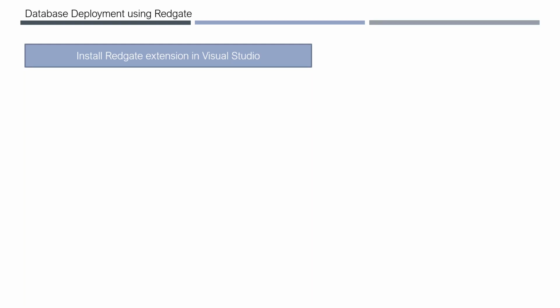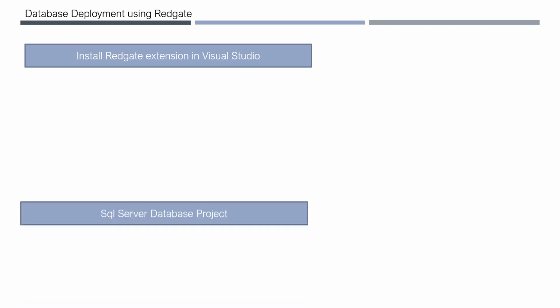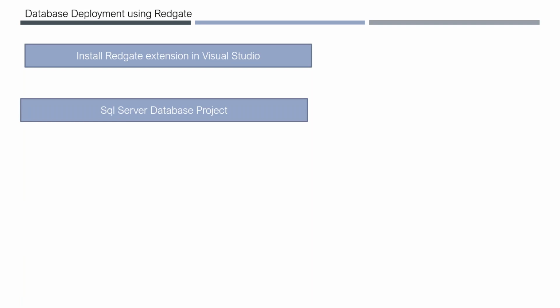The first thing is we will install the Redgate extension in our Visual Studio, because you need to work with the database objects. Then we'll create a SQL Server database project, which contains your databases.